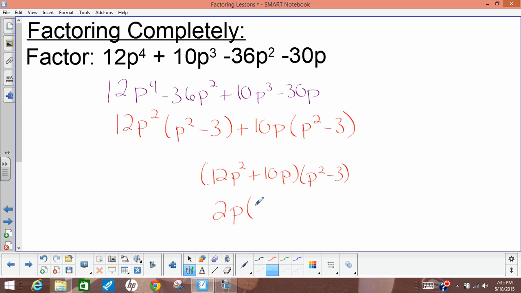And I'm left with 6p plus 5. And now the thing is completely factored. You could have left the p squared minus 3 in front, but it's always good to have the monomial, the one-term factor, at the front of your completely factored polynomial.